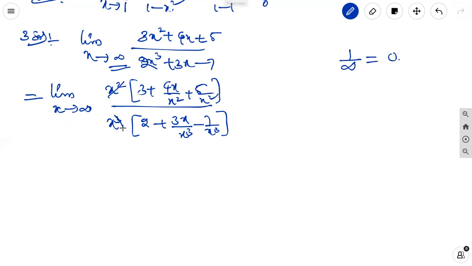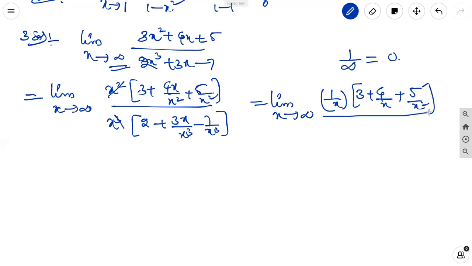Here x square power gets cancelled. It is equal to limit x tends to infinity of 1 by x into (3 plus 4 by x plus 5 by x square) by (2 plus 3 by x square minus 7 by x cube). Now we substitute x tends to infinity, so 1 by x equal to 1 by infinity, it goes to 0.